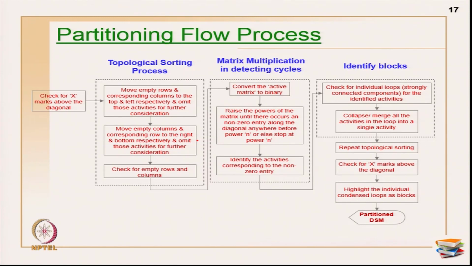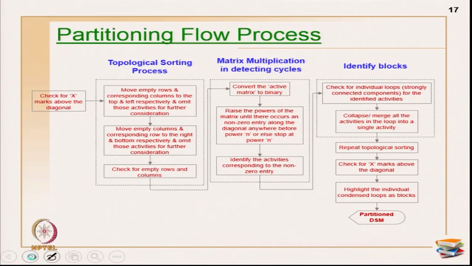Then I do matrix multiplication. Matrix multiplication, or path searching, can help you to identify or trace the cycles only. Once you have traced the cycles, you have to group them into blocks, then repeat the process of topological sorting and matrix multiplication until you identify all the cycles and all the activities. Okay, and at last you get the partitioned DSM. This is the overall flow of the partitioning process.